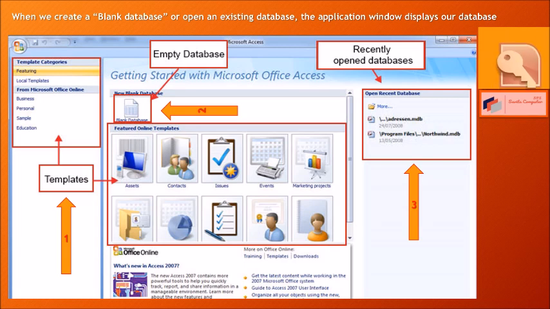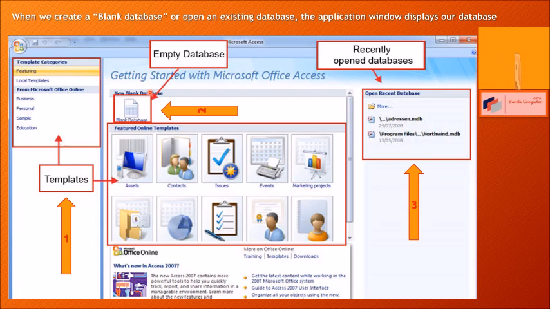You can see on the left hand side there are different template categories, featuring local templates, etc. So these are all different templates on the left hand side as well as in the center of the screen. Here you can see this is an empty blank database. When you want to create any new database, we have to click on blank database.